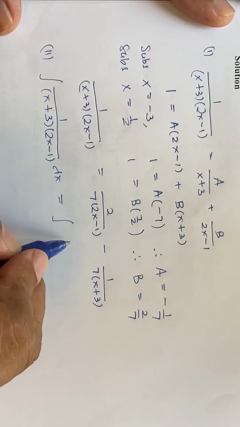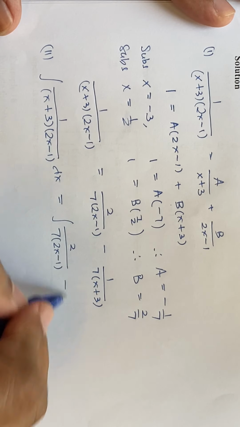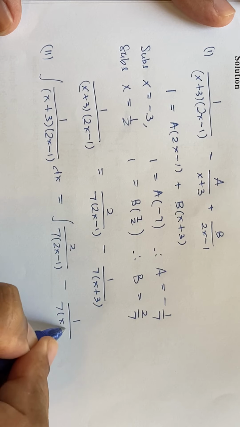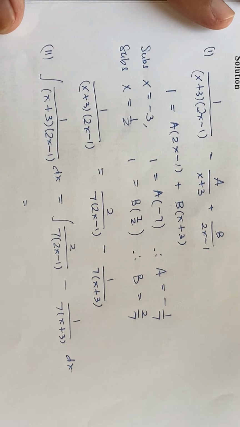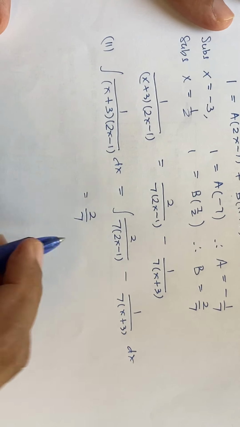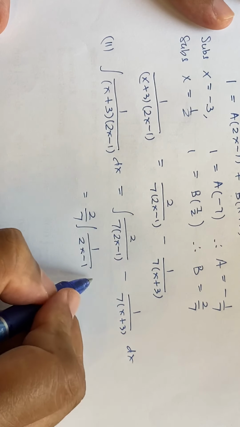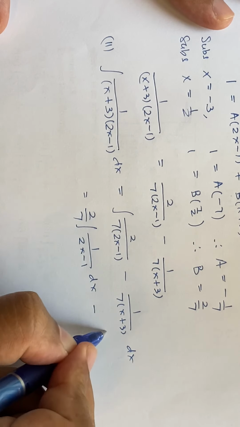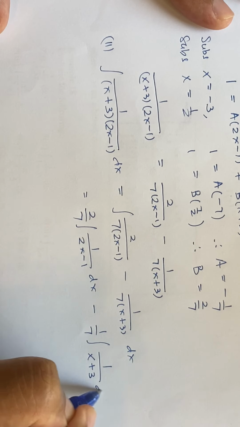Then you're going to have 2 over 7(2x minus 1) minus 1 over 7(x plus 3) dx. I'm going to take out the constant multiple here. I'm going to have the integral of 1 over 2x minus 1 dx, and again here, 1 over x plus 3.